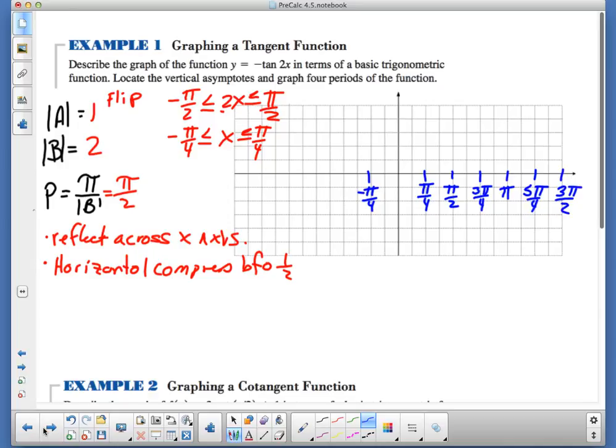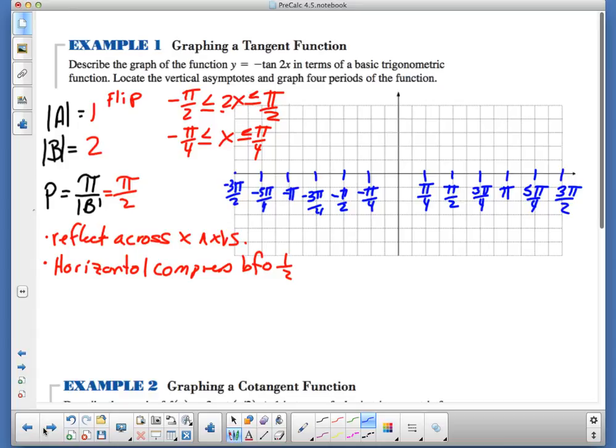We can go back the other way. I got negative pi over 2, negative 3 pi over 4, negative pi, negative 5 pi over 4, and negative 3 pi over 2.